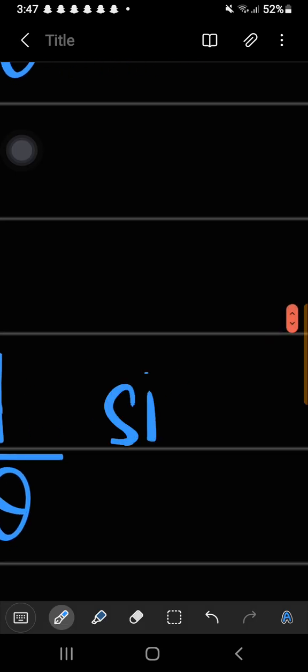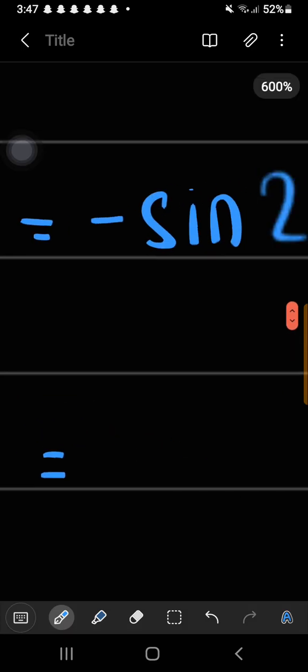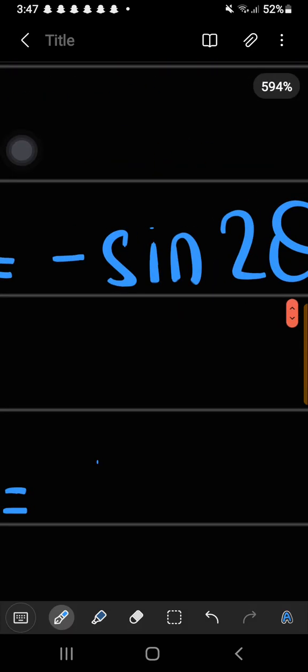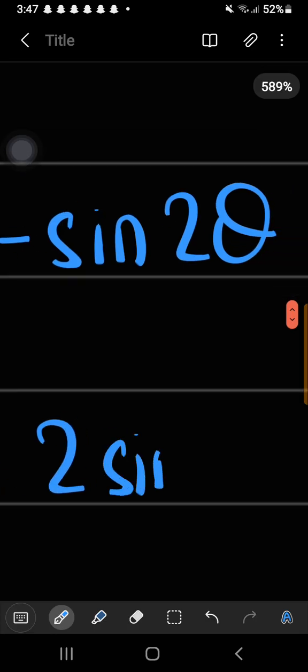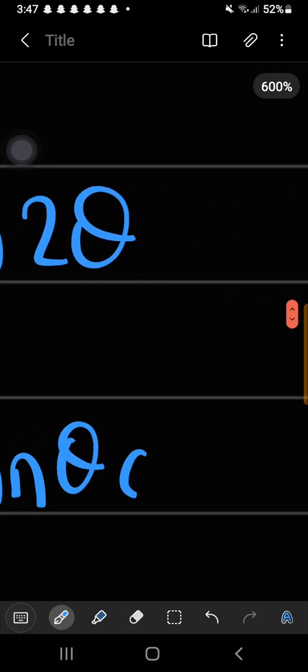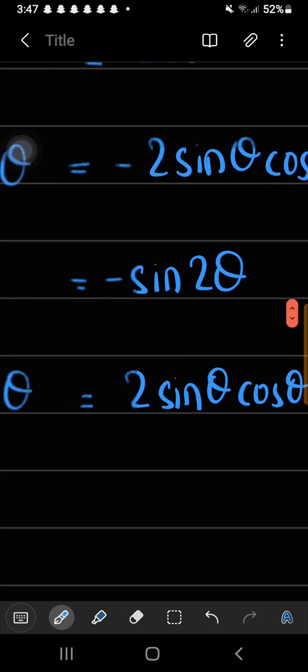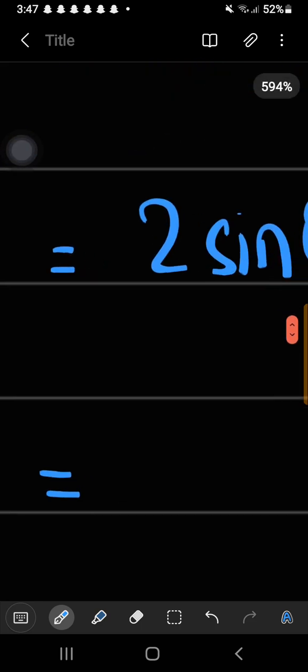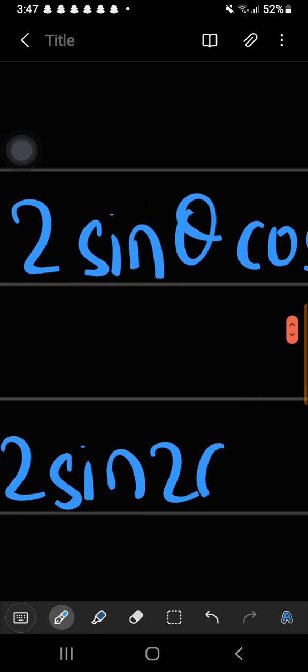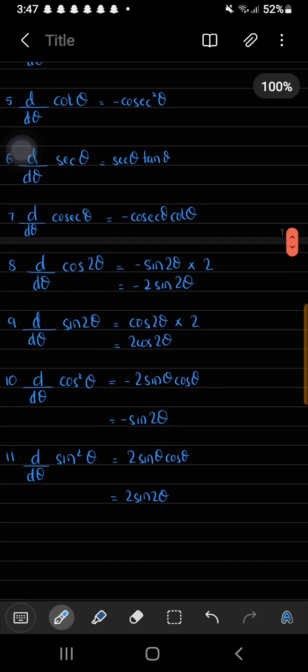And for 11, d over d theta of sine square theta is equal to same thing, but the sign will be positive, 2 sine theta cos theta, which we can write as sine 2 theta, okay? So let's move ahead.